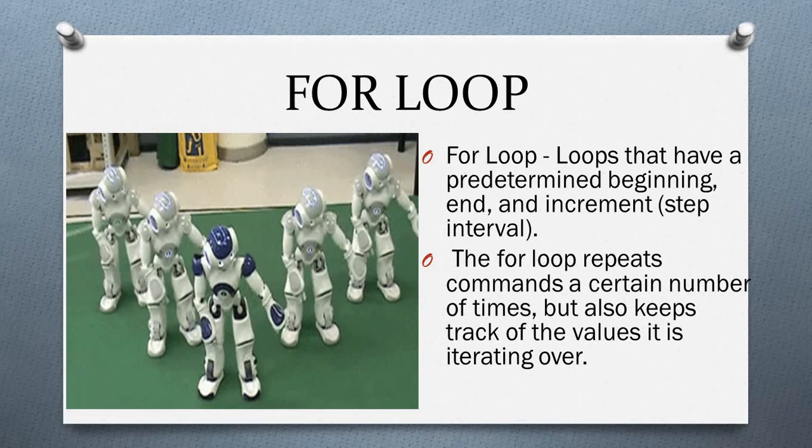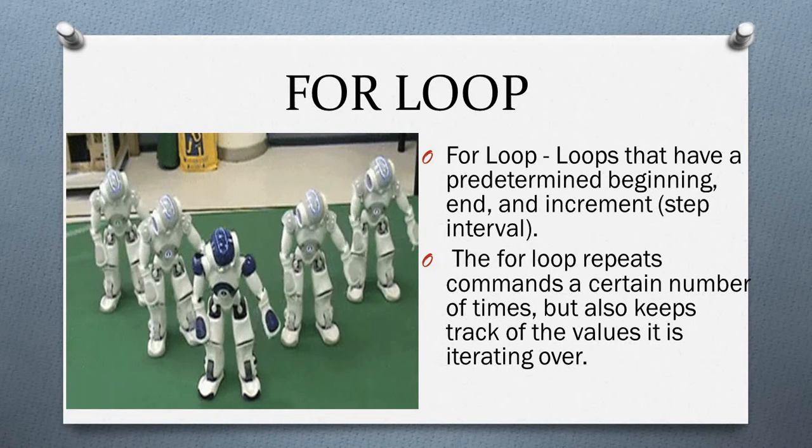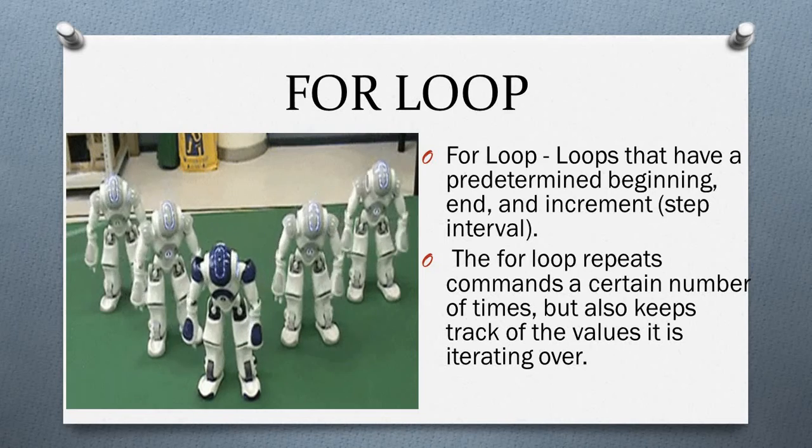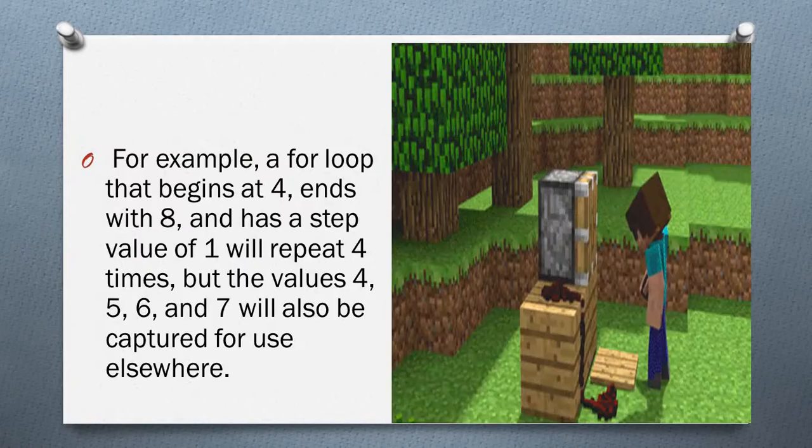In as much as the repeat block is placed, the for loop block helps to know how many times a command is given. The for loop block helps to give it a predetermined beginning, an increment, and also an end.